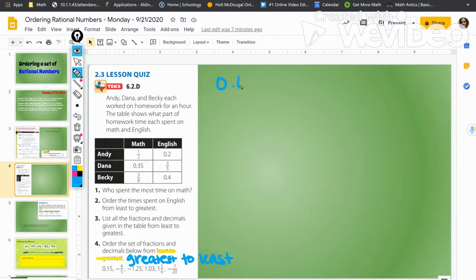So I have 15 hundredths, negative 4/5. Uh-oh, I see some negative numbers. Negative 1 and 25 hundredths, 1 and 3 hundredths, 1 and 5/6, and then negative 7/20. Oof. Okay.